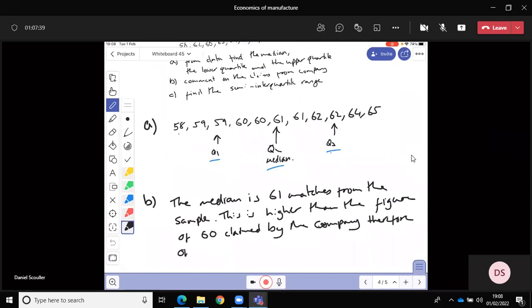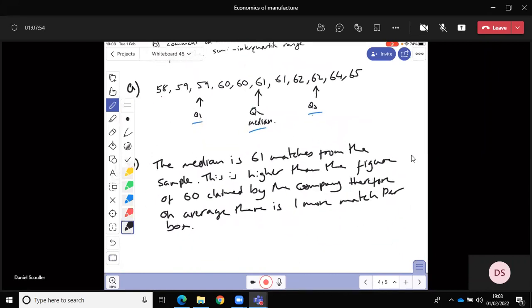Therefore, on average, there is one more match per box. Now that comment might be a bit overkill, but it certainly refers to the question, and it gives the examiner an understanding that you know that the median is an average.